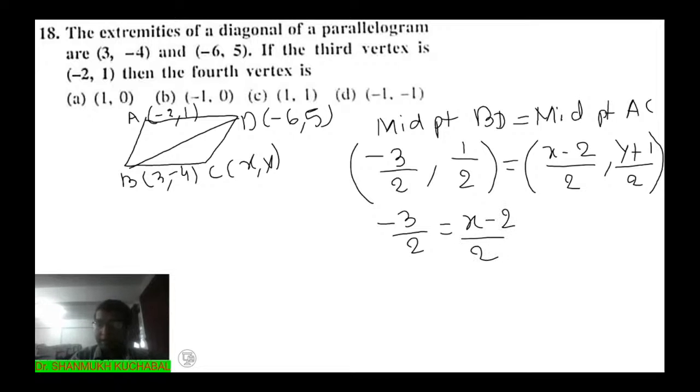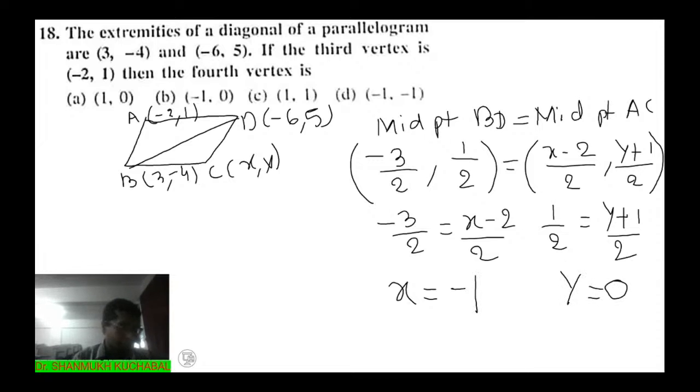The y coordinates are equated: 1 by 2 equals y plus 1 divided by 2. On simplifying, we get x as minus 1 and y as 0. Therefore the right option is minus 1 comma 0, option B.